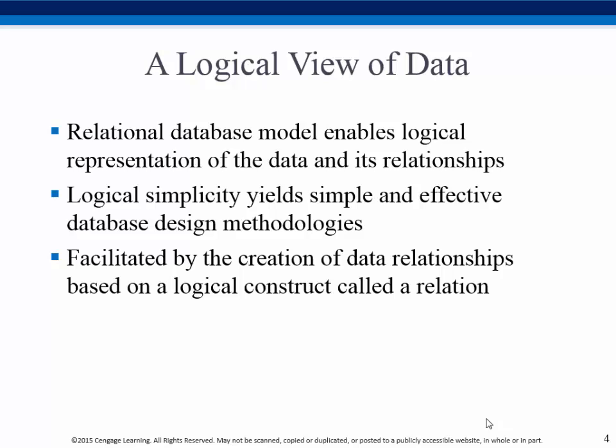Although the use of a table, quite unlike that of a file, has the advantage of structural and data independence, a table does resemble a file from a conceptual point of view. Because you can think of related records as being stored in independent tables, the relational database model is much easier to understand than the hierarchical and network models. Logical simplicity tends to yield simple and effective database design methodologies.